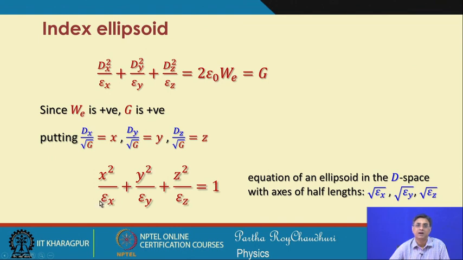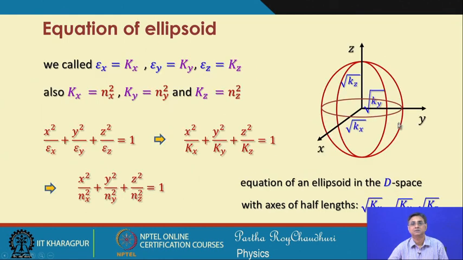So, how does it look like? You can refer to this figure. We have an ellipsoid where the half length of the axis will be under root of epsilon x, under root of epsilon y and so on. Actually, this should be capital K, capital K, capital K.